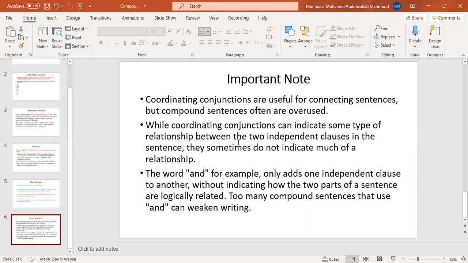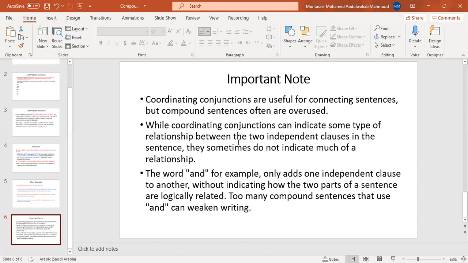Because simply this word, this coordinating connector and, only adds one independent clause to another, without indicating how the two parts of a sentence are logically related. It just adds one independent clause to another, but the relation actually is not logically clear.